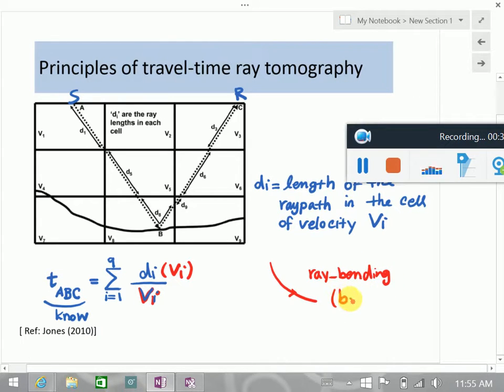There is an active research area on beam forming reconstruction. So they consider also the bending in the ray. This is an approximation, and even with this approximation, this is so difficult.